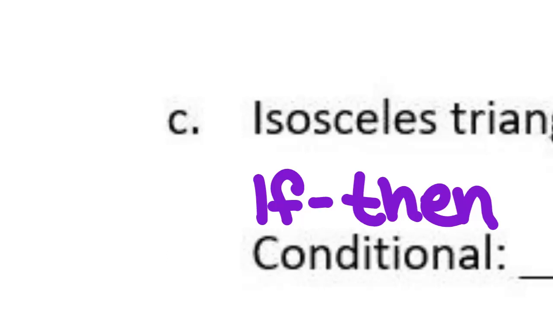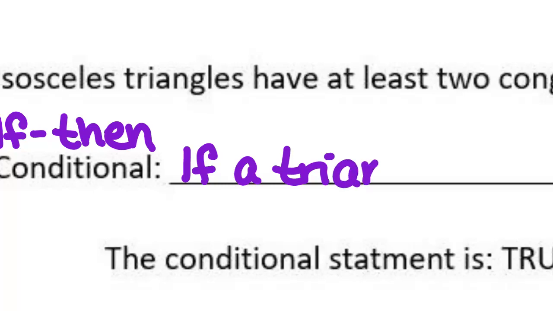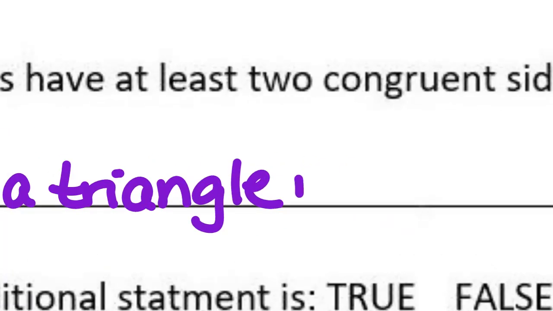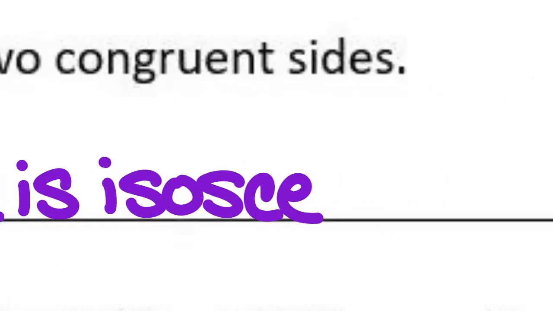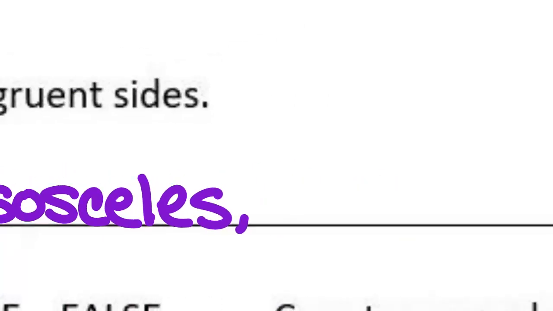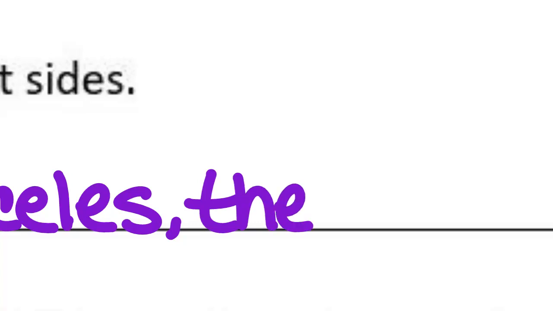So instead of saying if isosceles triangles, I'm going to say if a triangle is isosceles, then it has at least 2 congruent sides.